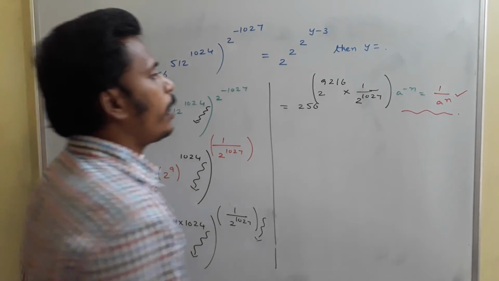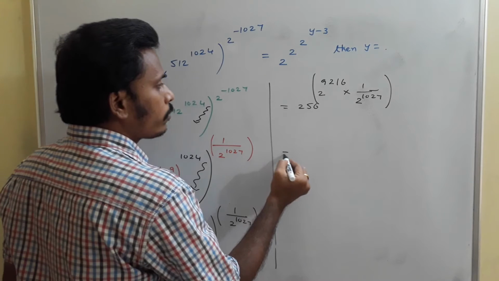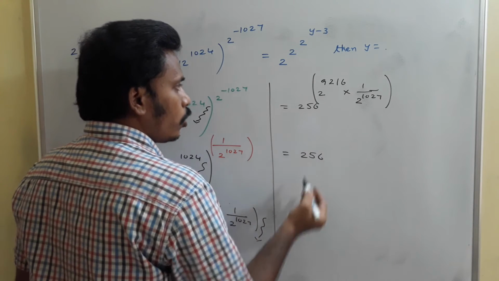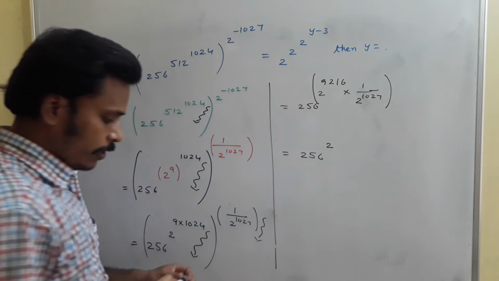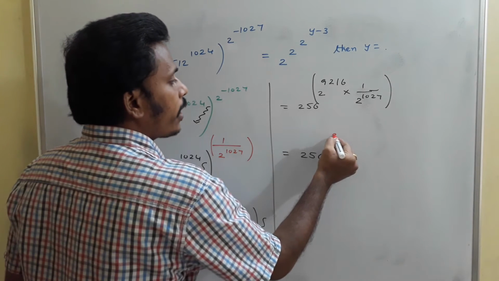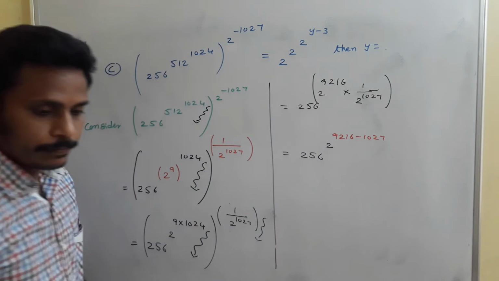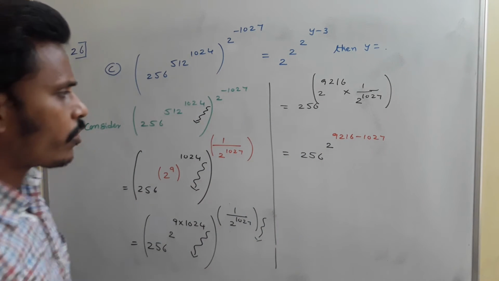Now use the a power m by a power n formula. So this is equal to 256 to the power 2 power 9216 minus 1027. You just try to simplify.